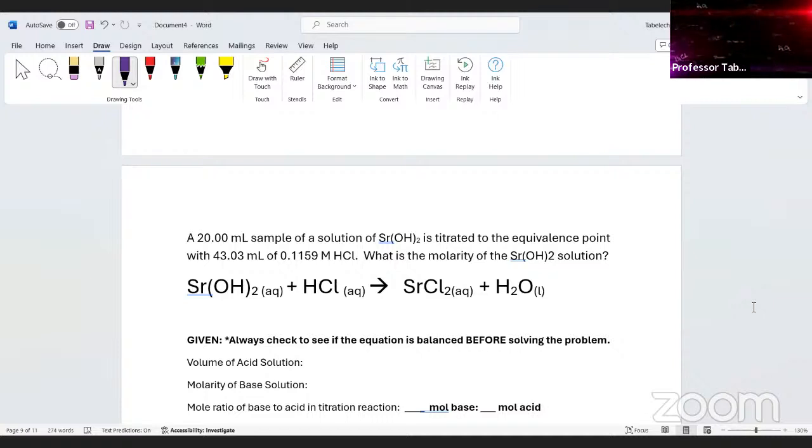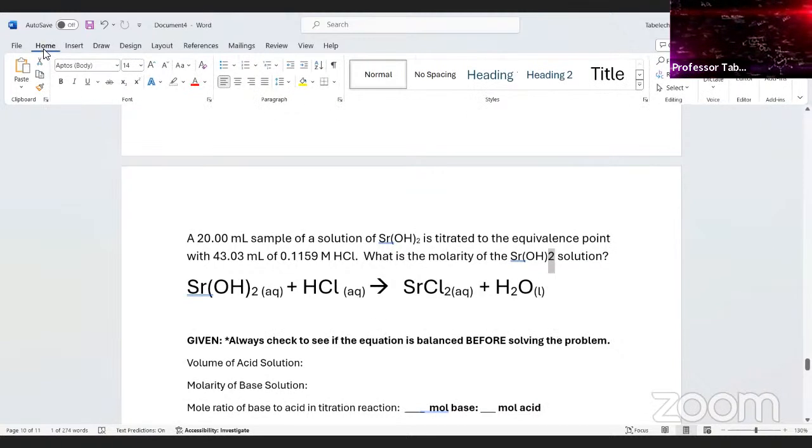What is the molarity of the strontium hydroxide solution? Okay, and let me make that a subscript of 2. Now, when you are given problems of this nature, they did not give a balanced equation. Matter of fact, let me show y'all so that you'll know what I'm talking about.